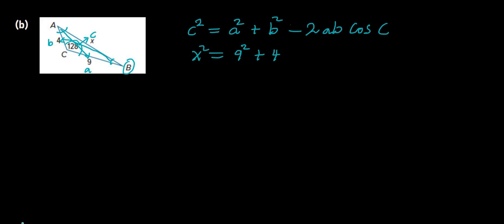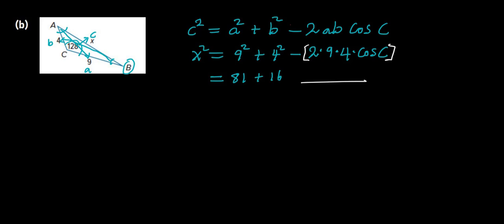So 4 squared minus 2 times 9 times 4 times cos C. 9 squared is 81, and 4 squared is 16.